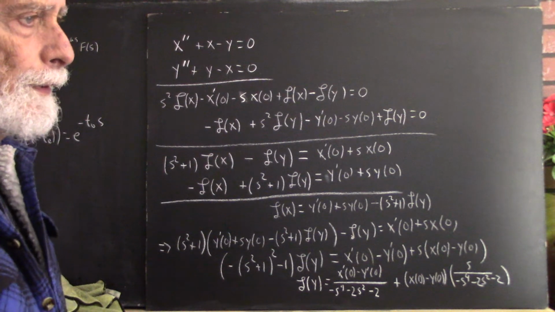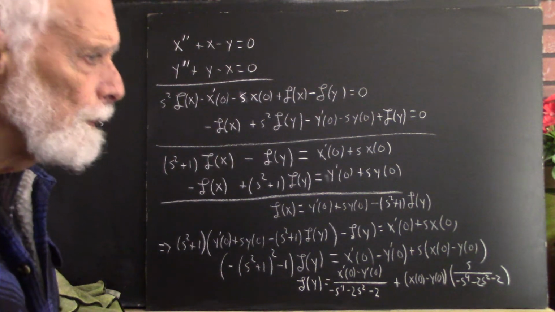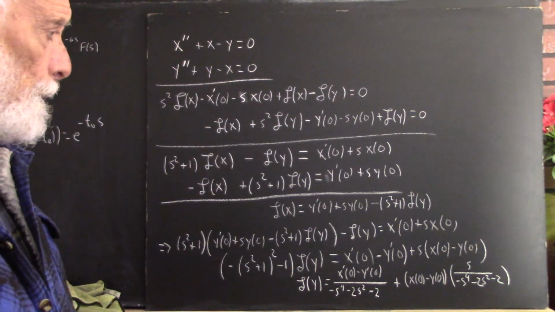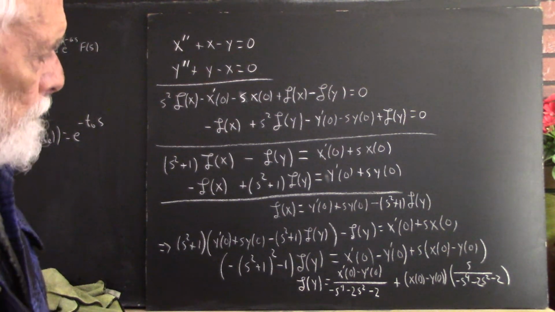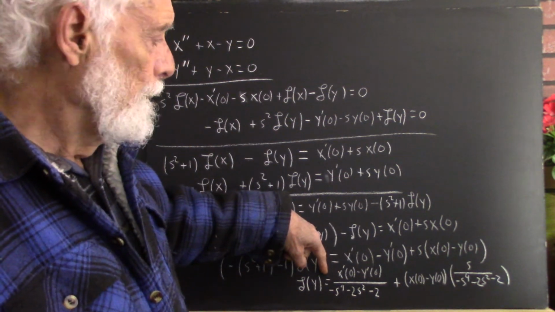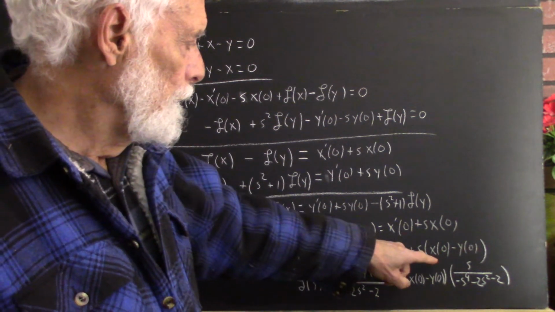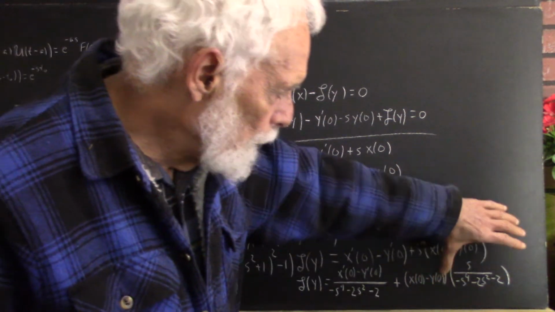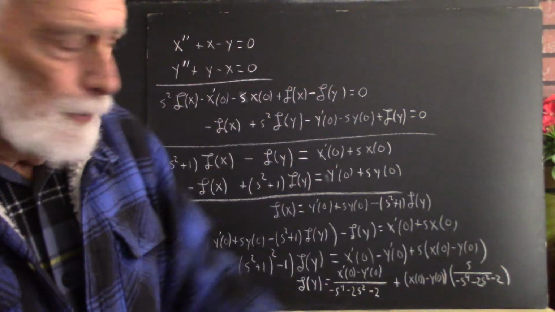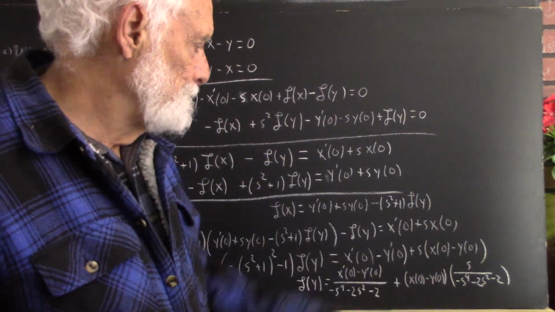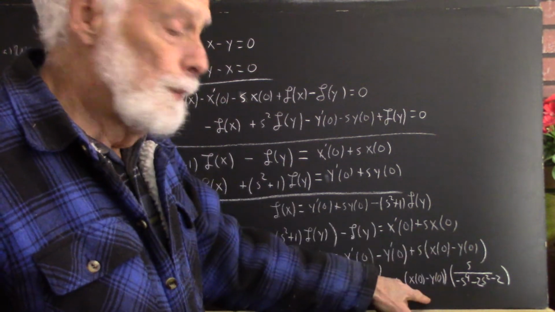The initial conditions, let's see, x prime is -2 and y prime is 1. So that's going to be a -3 there. And over here, x is 0 and y is 0 are both 0, so you're not going to have to worry about this one. Now you don't have that problem, but the way the text is set it up, x is 0 and y is 0 are both 0.